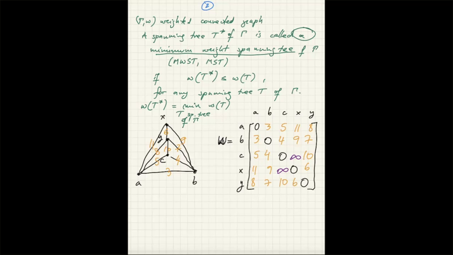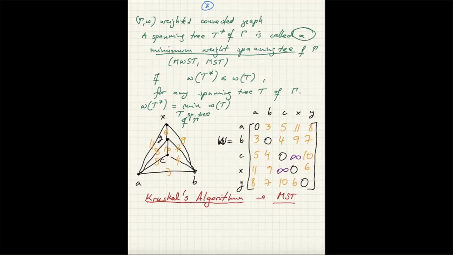I will give you what is called Kruskal's algorithm. We'll run it first on this example, and then it shouldn't be too difficult to understand how it works in general. And we'll explain why it actually does what it's supposed to do: produce a minimum weight spanning tree. Okay.